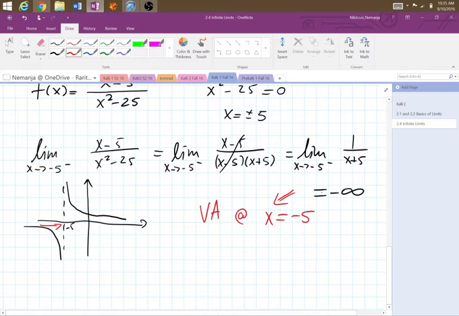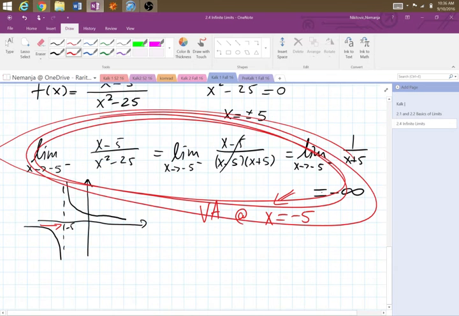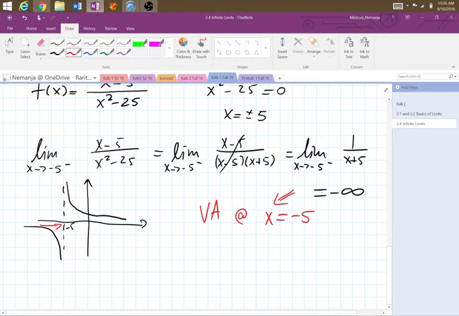So when the problem says prove that there is a vertical asymptote, or is there a vertical asymptote, or something like that, you are using the definition. And this over here is the procedure that we use to find the limit. So you will be solving the limit, and that will tell you whether the answer is positive or negative infinity.